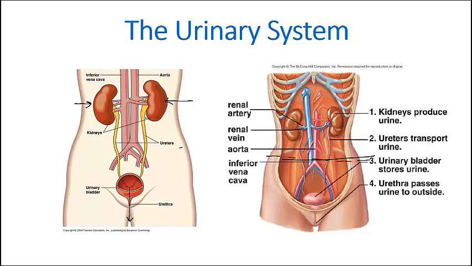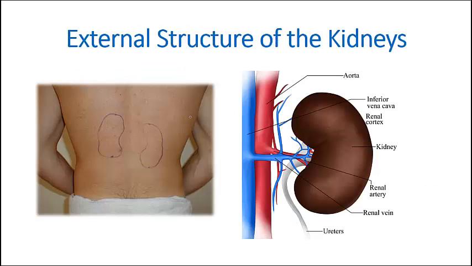Now if you go to the next page, it will give you the idea about the exact position. Here you can see the exact position of the kidney in a human body. It's just above the waist, and the two kidneys are not at the same horizontal level. The right one is slightly lower compared to the left one.